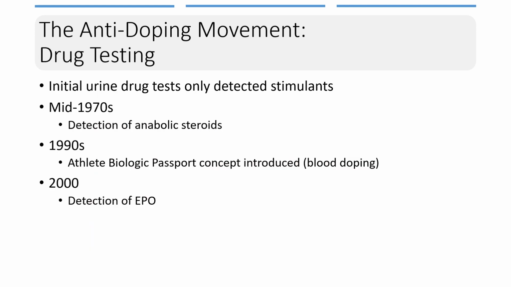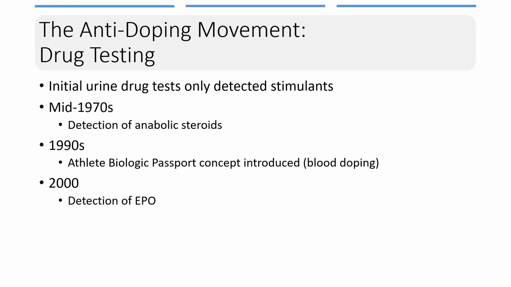Drug testing remains a cornerstone, or major part, of the anti-doping movement, as it allows us to detect the presence of prohibited substances in athletes. In the early days, drug testing primarily focused on identifying stimulants, though these tests were not particularly sensitive or specific, due to limited technologies at the time.